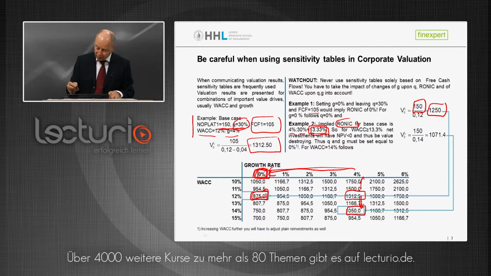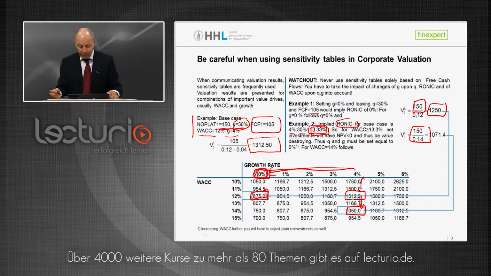So if we step down here, it will also be reasonable that as we don't earn our cost of capital anymore with our rate of return, if it is supposed to stay stable, we will also stop to reinvest and to retain.